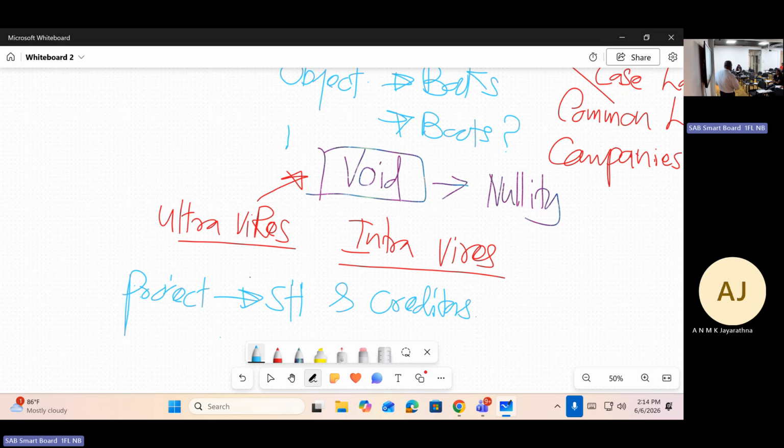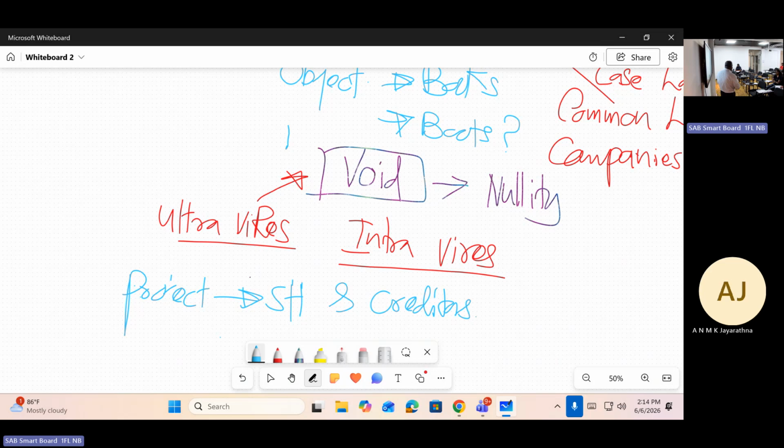After investing, the company can utilize the money only for that object. The company cannot pay out the money or utilize it for other transactions which are not permitted by the object clause. Therefore, money invested by the investor is utilized only for the objects.